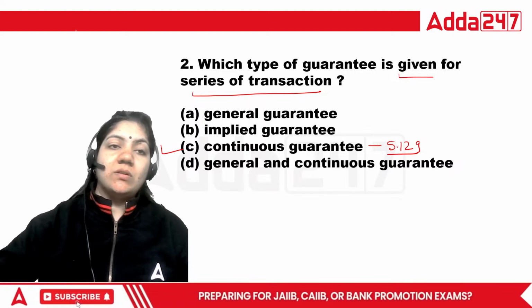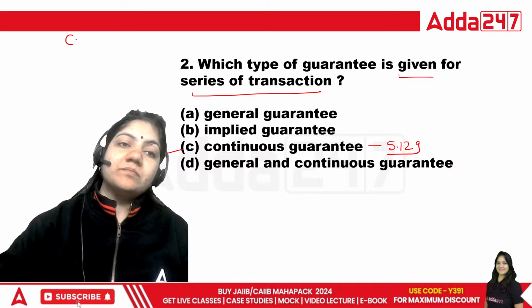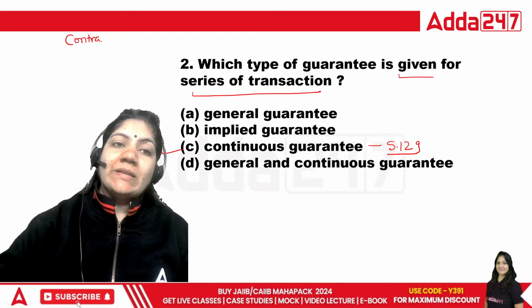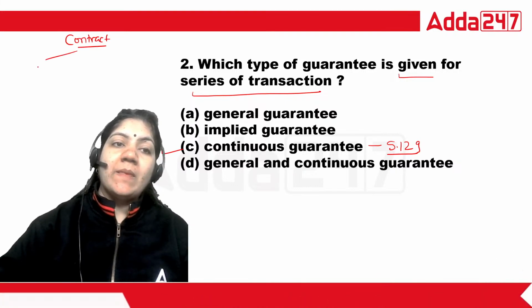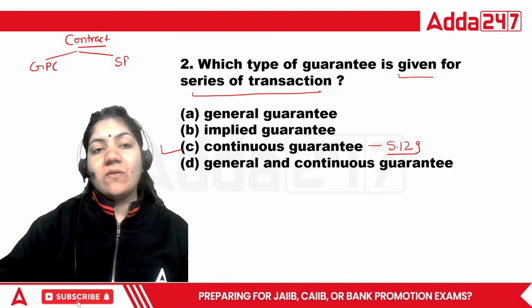Contract is of two types: the general principles of contract and the special principles of contract.